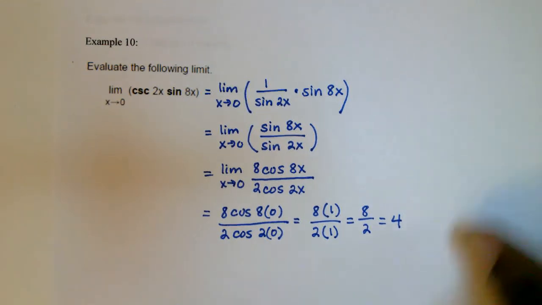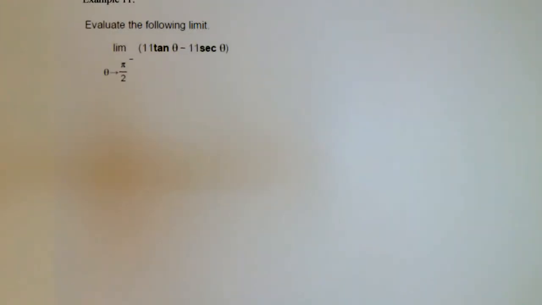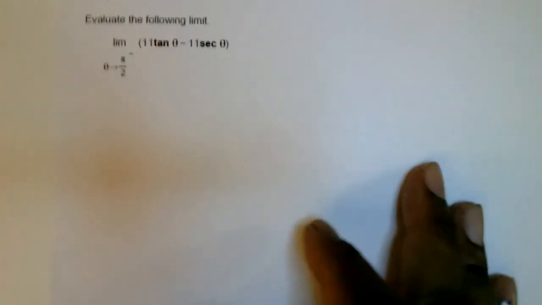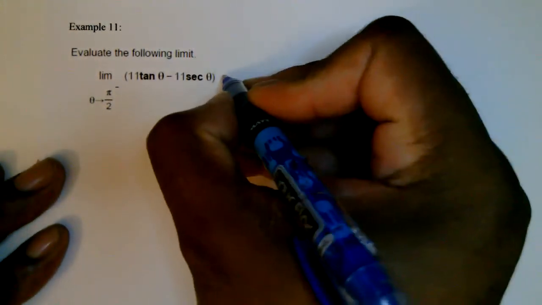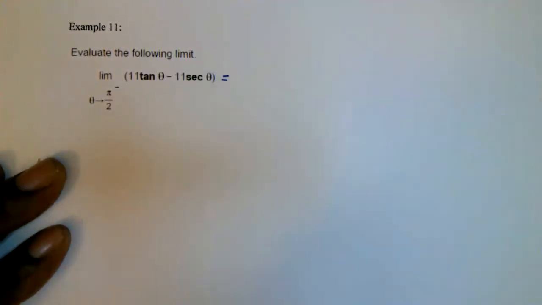Okay. And finally, example 11 on your handout. Here we got the limit as theta approaches pi over 2 from the left of 11 tangent theta minus 11 secant theta. All right.